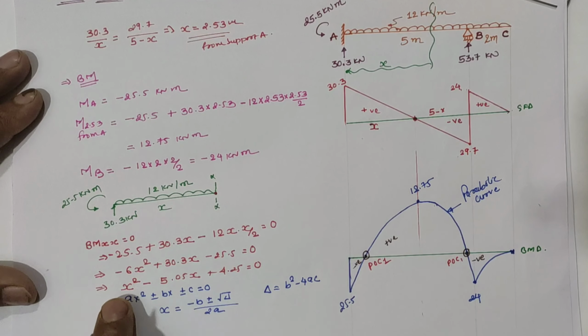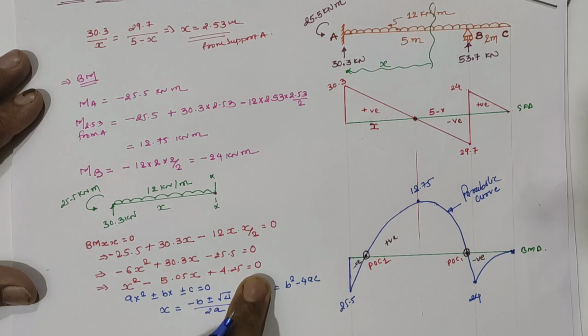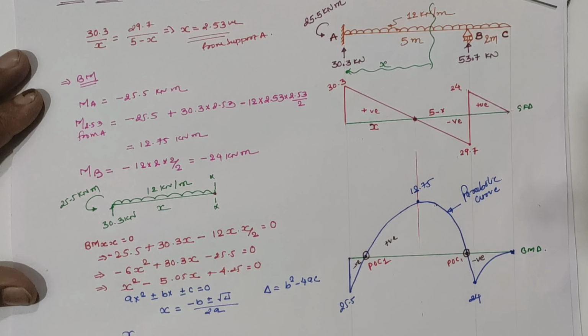If we solve this equation, x square minus 5.05x plus 4.25 equal to 0, we will have x value as 1.067 meter and the second value of x as 3.98 meter.